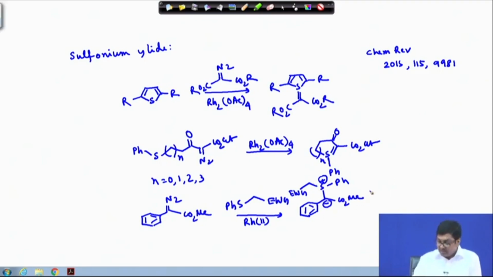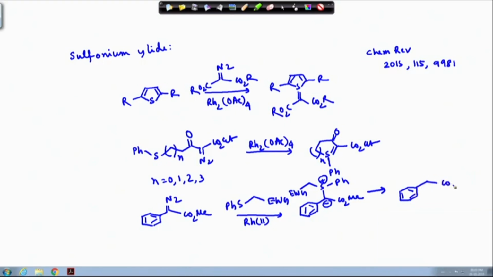So, what is next after tautomerization, what will it give? So, it will give this. Once it has this, the 2,3 sigmatropic rearrangement can happen nicely.